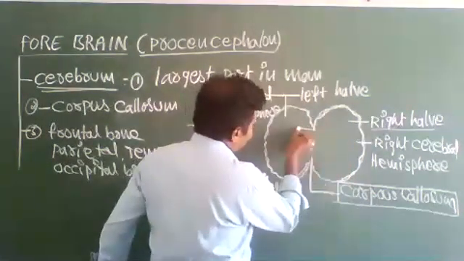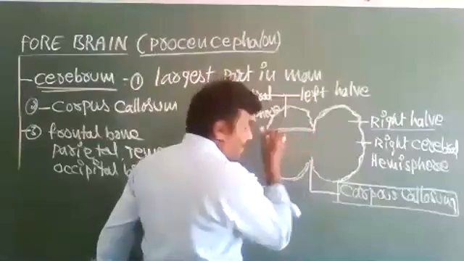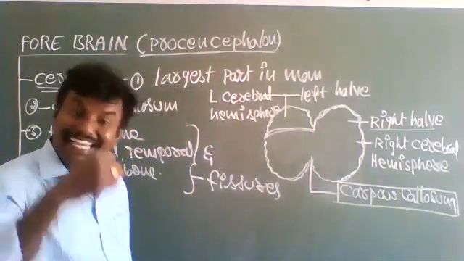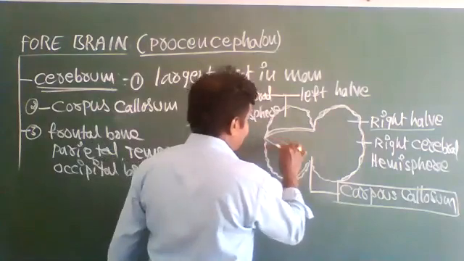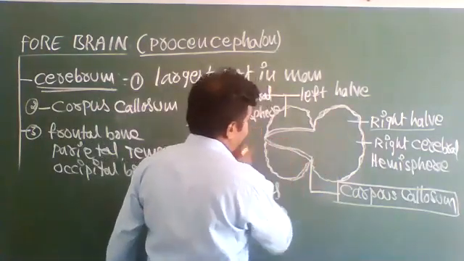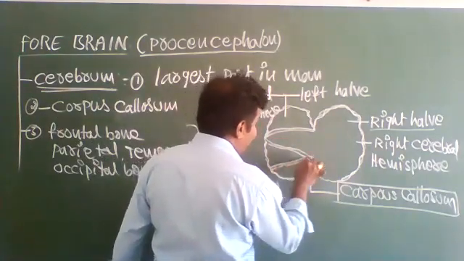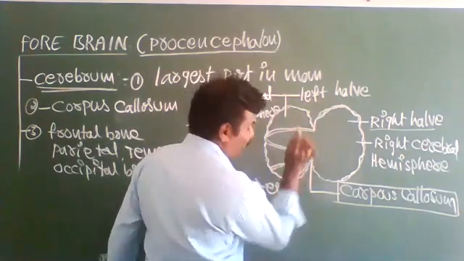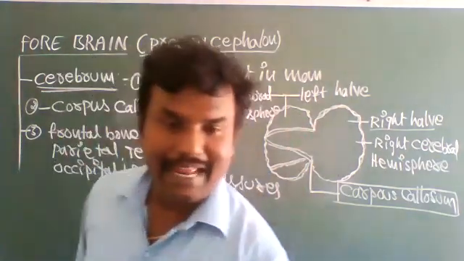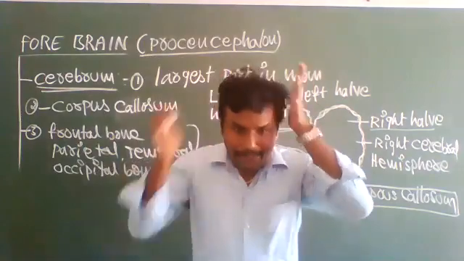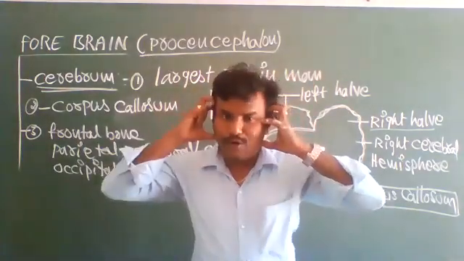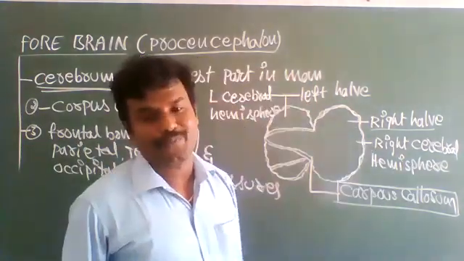See, this is one fissure, a deep fissure, one deep line. 1, 2, 3, 4. Frontal bone, parietal bone, temporal bone, occipital bone.